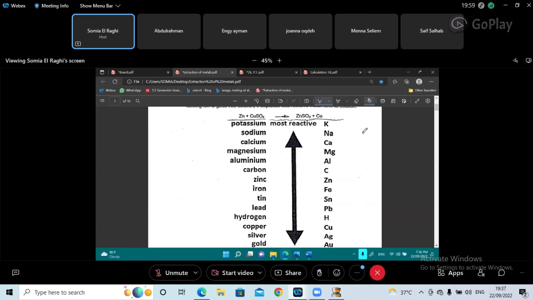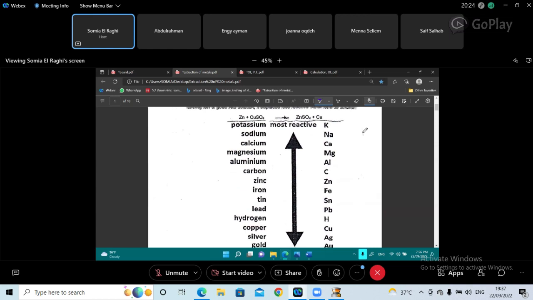So I have here potassium or sodium on the top of the reactivity series, from group number 1. Then next we get group number 2 and so on. A metal can displace another one from its salt, so they will ask your opinion about this reaction.